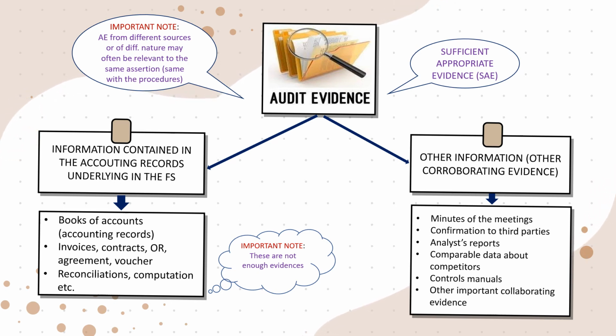So now kailangan natin ng corroborating evidence or the number two classification of audit evidence. So pag sinabi natin corroborating, ito yung sumusuporta doon sa ibang nakalagay din sa financial statements or yung sinabi natin sa accounting records.